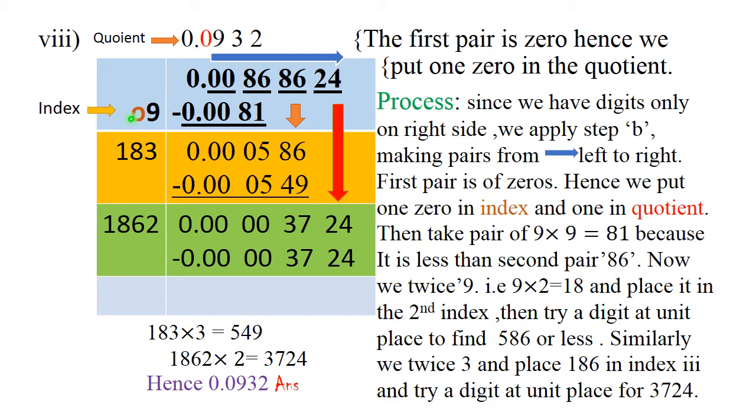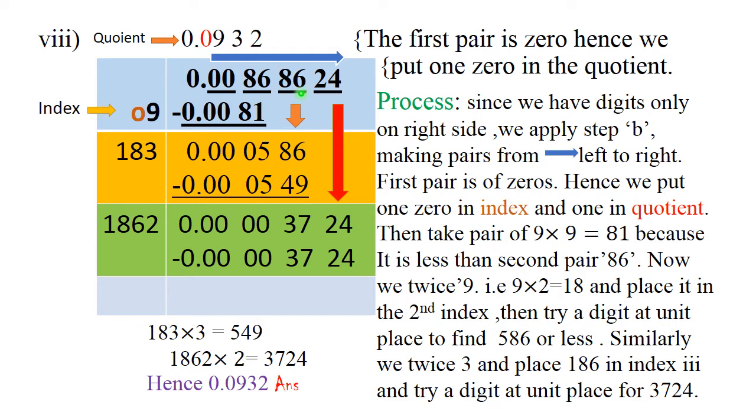Now we are left with the second pair 86. We find a digit which will satisfy it, either having 86 complete or less than 86, that is 9. Multiplying 9 with 9 we have 81. Subtracting it we get 5 and take down the next pair, that is 86.